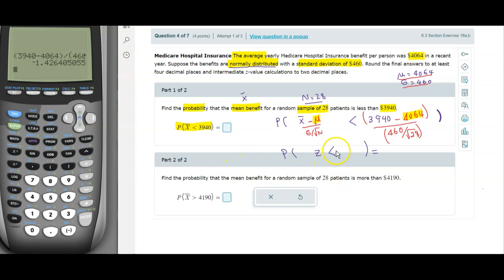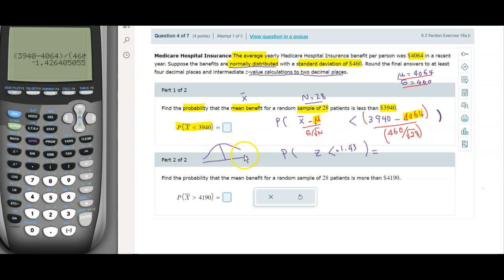So this is going to be minus 1.43. The z values have to be rounded to 2 decimal places, right? Now what I'm going to do is use my z table. Before that, let me draw it to see whether it's a big tail or small tail.